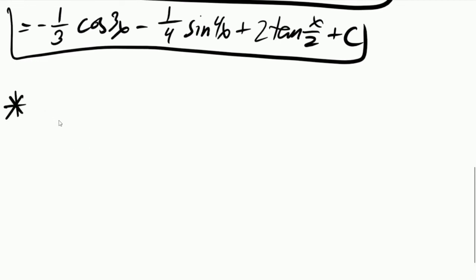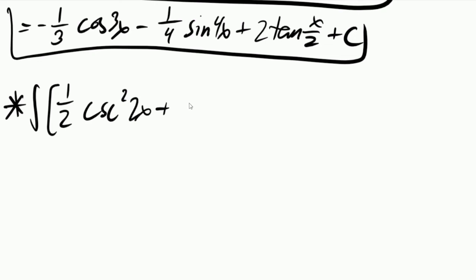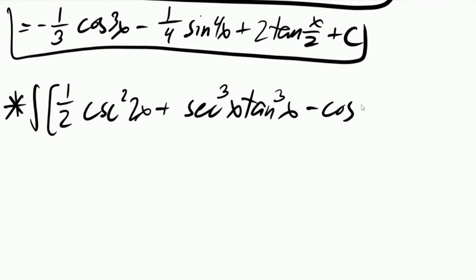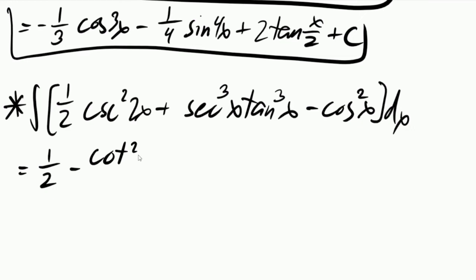Next sample problem, we have the integral of 1/2 cosecant squared 2x plus secant cube x tangent cube x minus cosine 3x cosine squared x dx. So first we bring out the constant 1/2, and then the integral of cosecant squared 2x is negative cotangent 2x over 2.